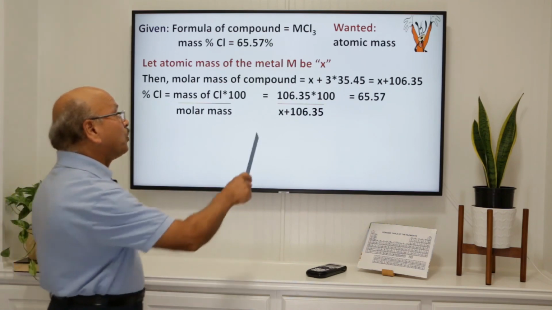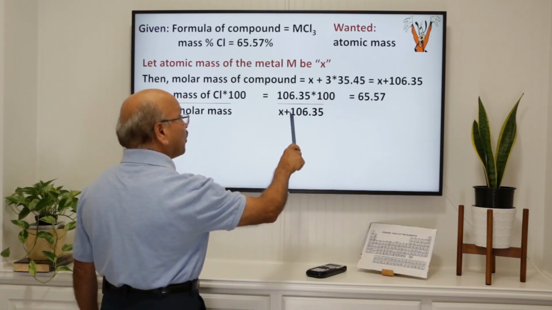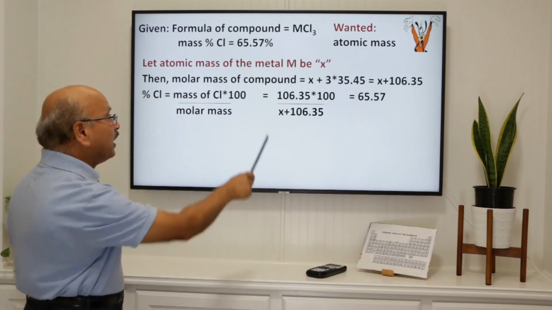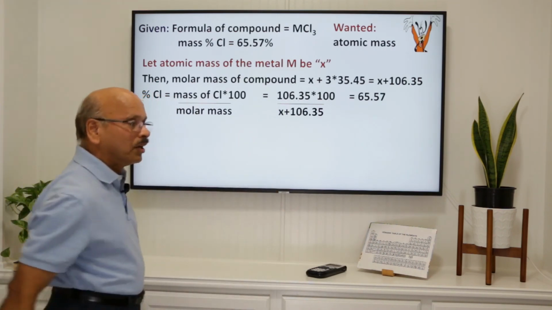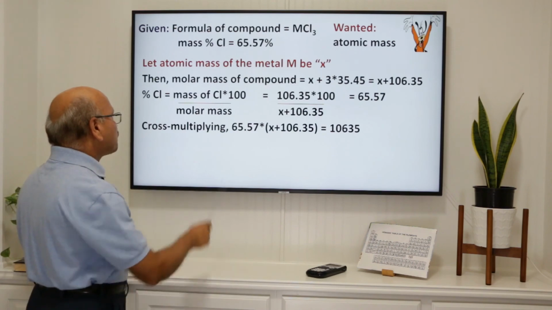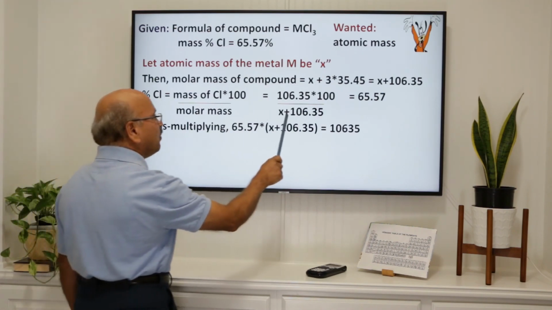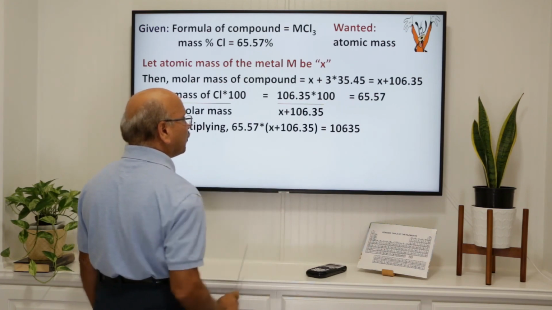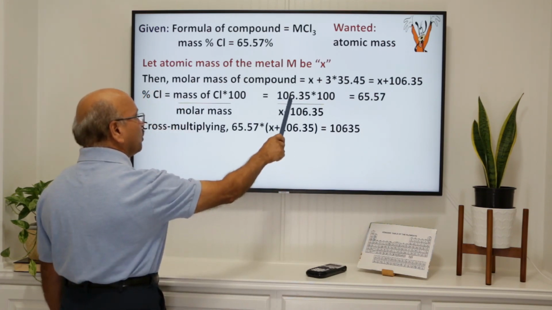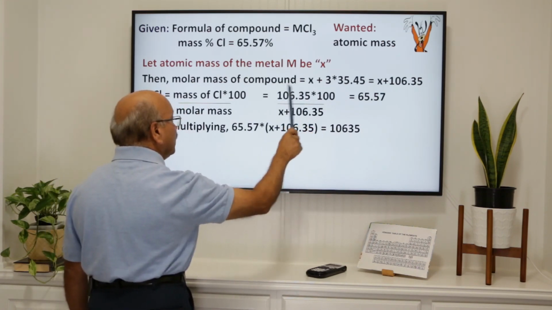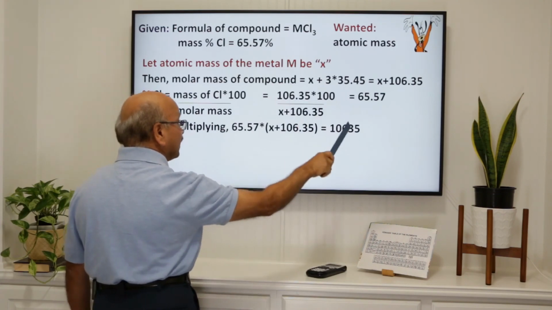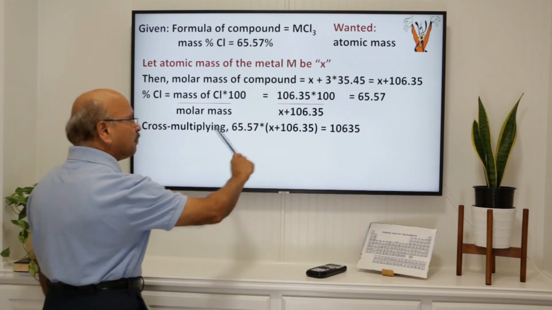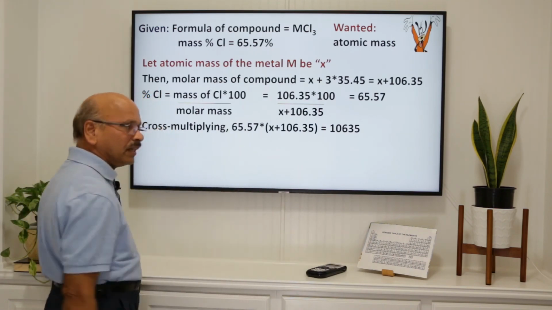You cross multiply: X plus 106.35 times 65.57 on the left, and that gives you the numerator on the right. So cross multiplying, 65.57 times (X plus 106.35) equals 106.35 times 100. I just multiplied that and the answer is written there. Now divide both sides by 65.57.